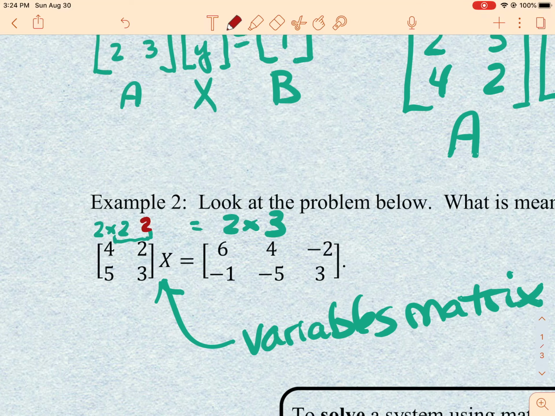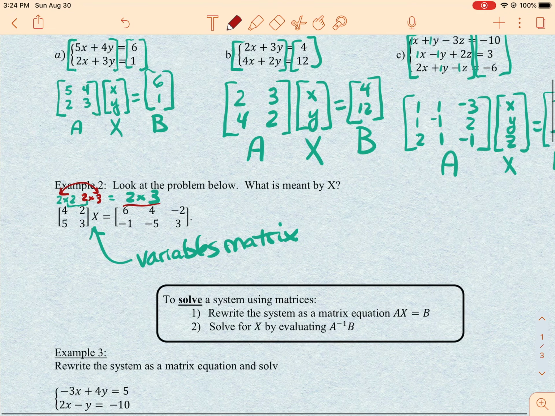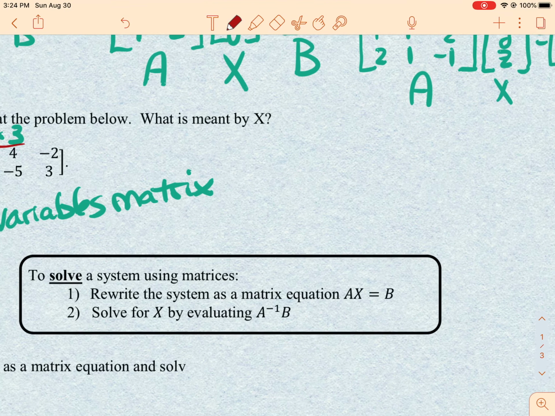So I would need a 2 here. And then the outsides are what would give us that. So it would be a 2 by 3 matrix. So not sure what the variables would be, but we won't do any exactly like that. We typically do X and Y, X, Y, Z.